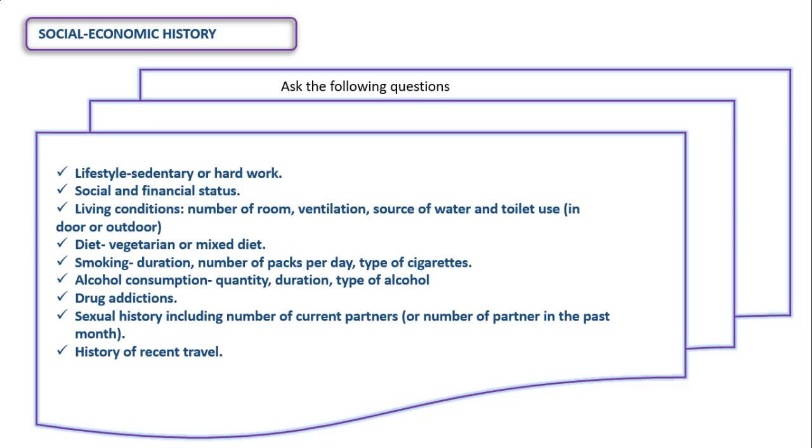Some people, like vegetarians, tend to have other conditions that other people are not having because they lack certain nutrients or proteins. People smoke, people consume alcohol. There are some instances where someone takes a lot of alcohol the day before and is now vomiting blood. So all these things will help you identify a cause of your complaint.